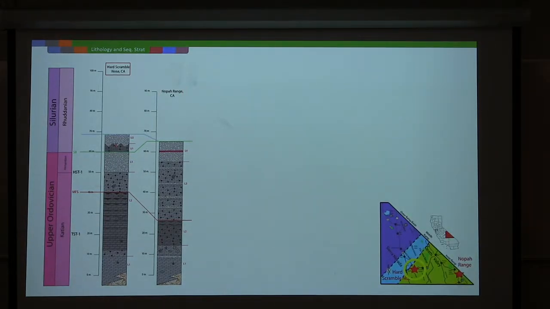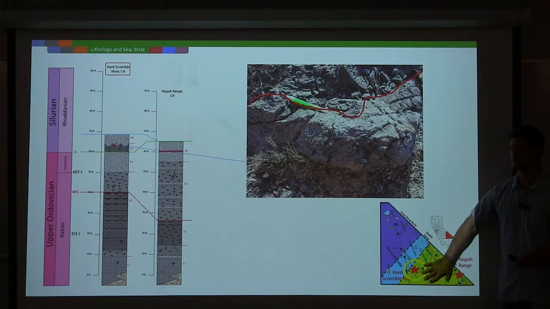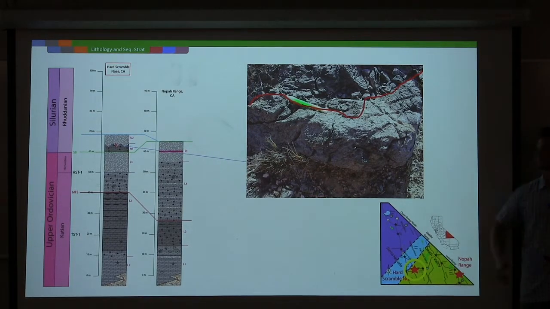Above the sequence boundary at Hard Scramble Nose, we see the redeposition of carbonates, or this medium to dark gray dolopackstone above that breccia. This means that sea levels are now rising above Hard Scramble Nose to the point that we can get deposition.